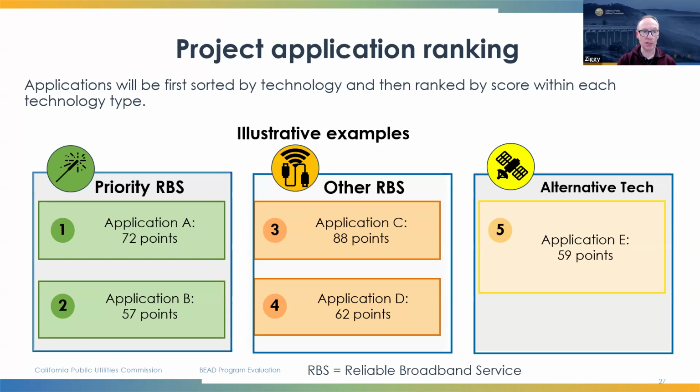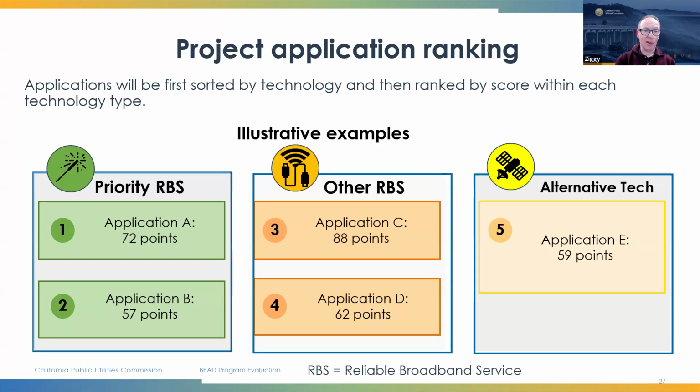One is 72 points, the other is 57 points. We will choose application A, 72 points. And even though there may be an application C at 88 points, because it is of a lower ranked technology, it will not be evaluated until after the priority broadband service applications have been reviewed.